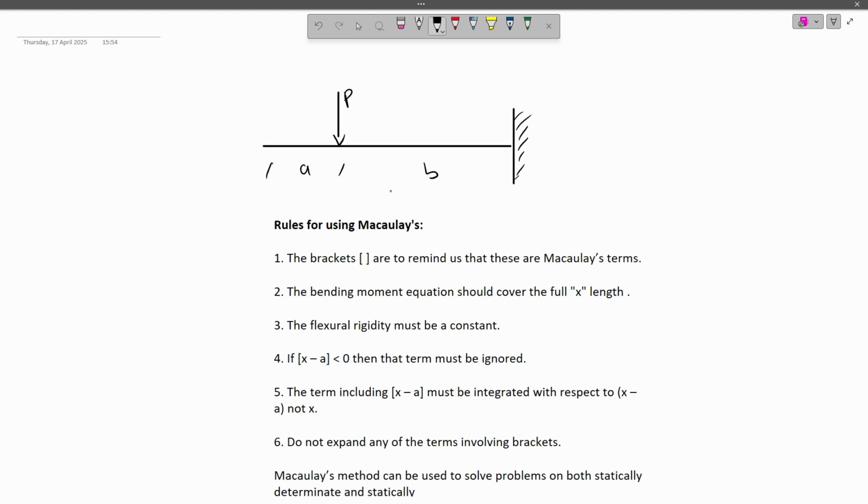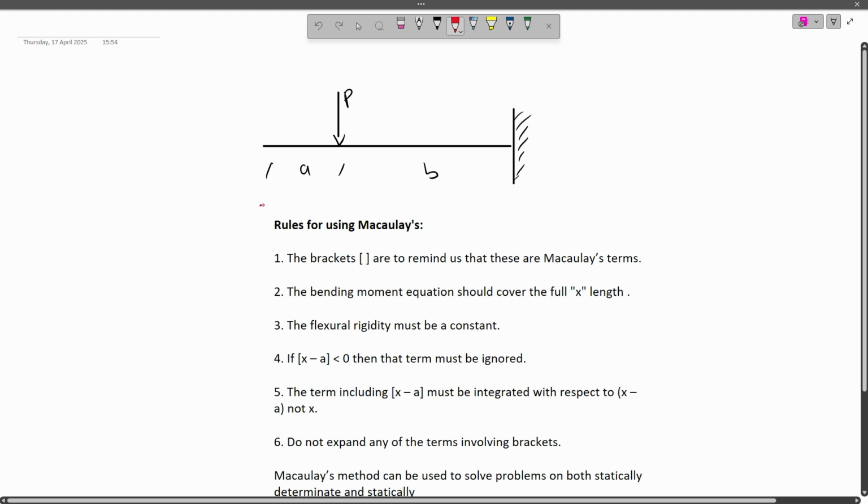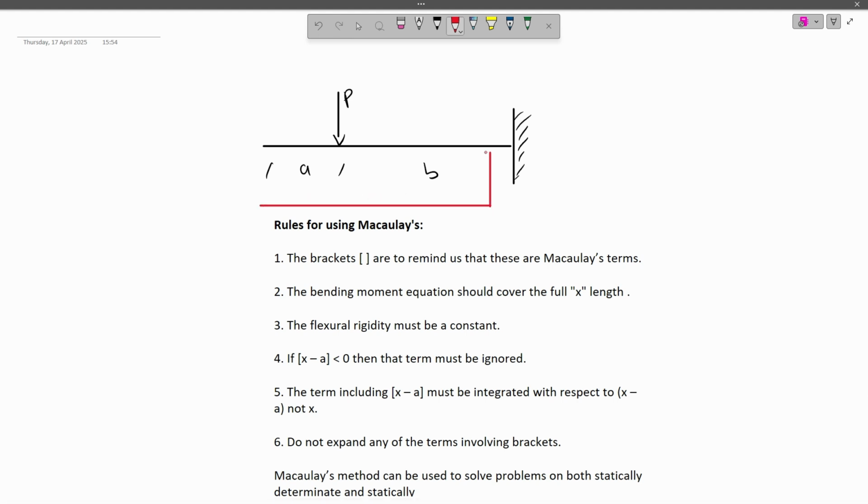Let's say this is A and this is B. The first thing we're going to do when using Macaulay's method is we're going to introduce a new point starting from any side of the beam to just before the final point. This point can be anywhere in this span, and it's going to be at an x distance.